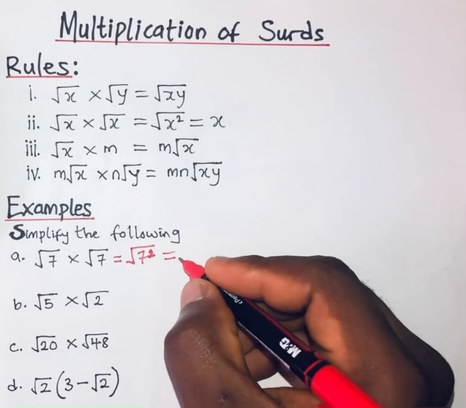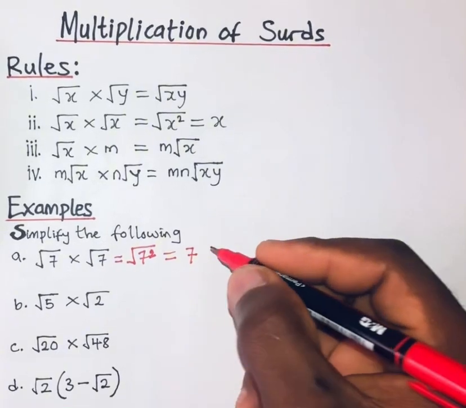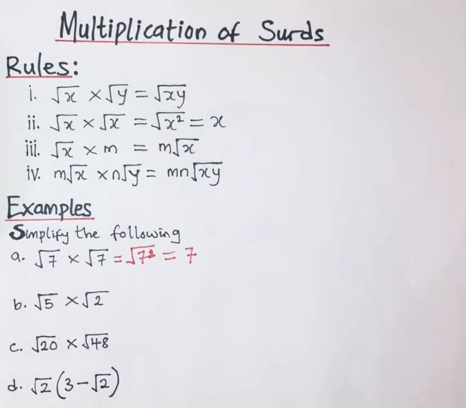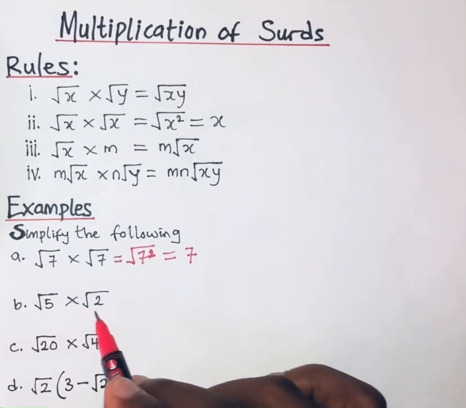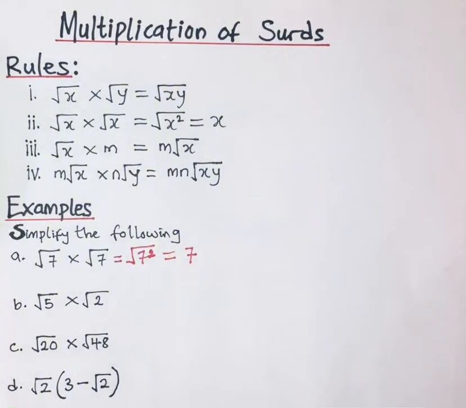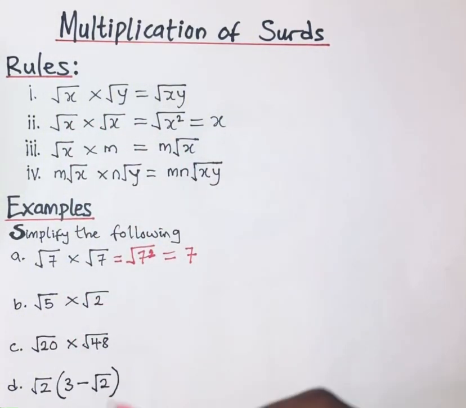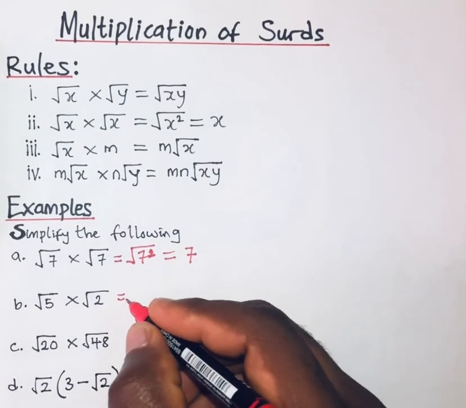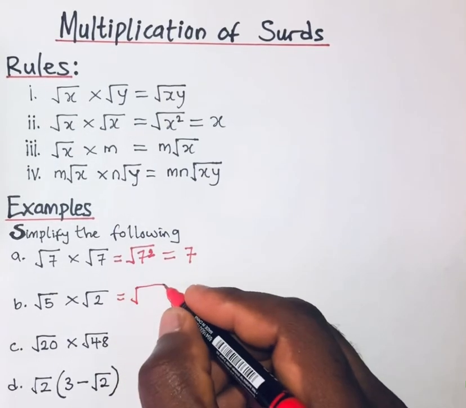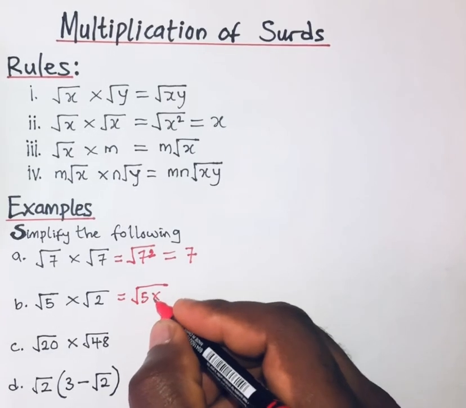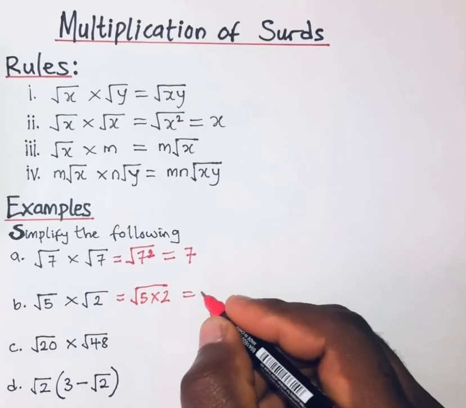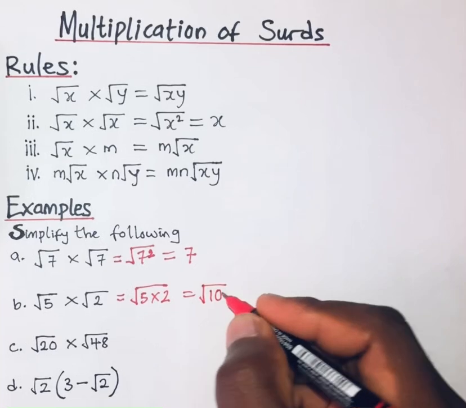And so my result is 7. That's my result. The second example looks like rule number 1 that has different radicands. So root 5 times root 2 will simply be the root of 5 times 2, and that will be root 10.